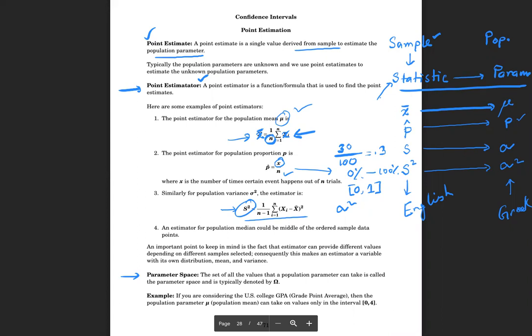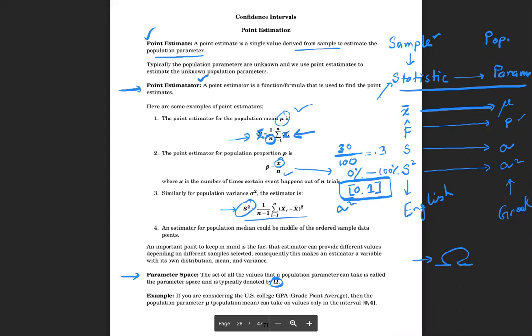Parameter space is the set of all the values that the population parameter omega can take. This is the general term that we use, omega, okay? The Greek letter omega is used for parameter space. That means all the values that it can take. So if you're talking about proportion, the parameter space would be a number between 0 and 1, including the boundary points 0 and 1.